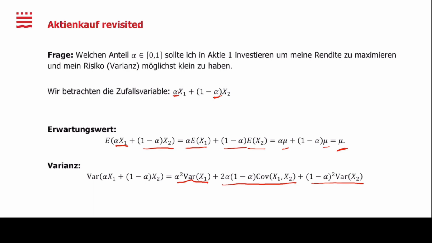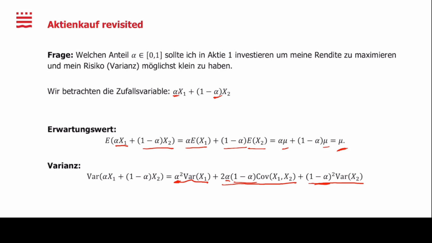We can factor out, getting our alpha squared and 1 minus alpha squared, and then we get this 2 times covariance term, where we can also factor out alpha and 1 minus alpha. With the covariance, we haven't quite seen the calculation rule like that, but you can relatively easily understand that you can also factor out terms there.